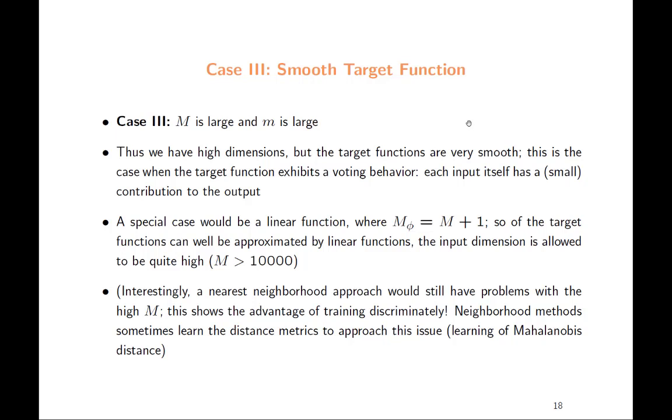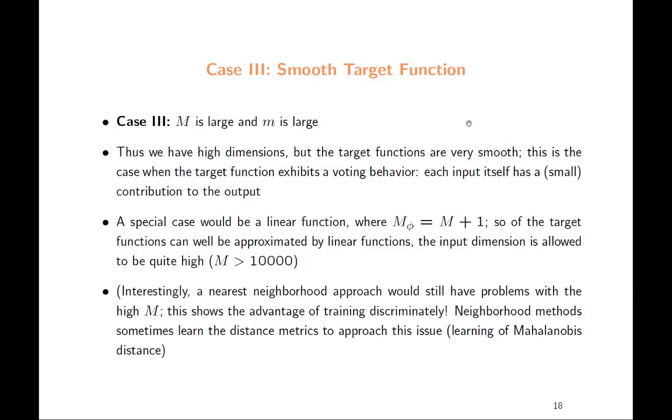Case 3 is m is large, so we have a lot of inputs, but m is also large. So we have a very smooth function. For example, a linear function or a function which is close to being linear. We discussed this already, that in high dimensions the target functions are often very smooth.